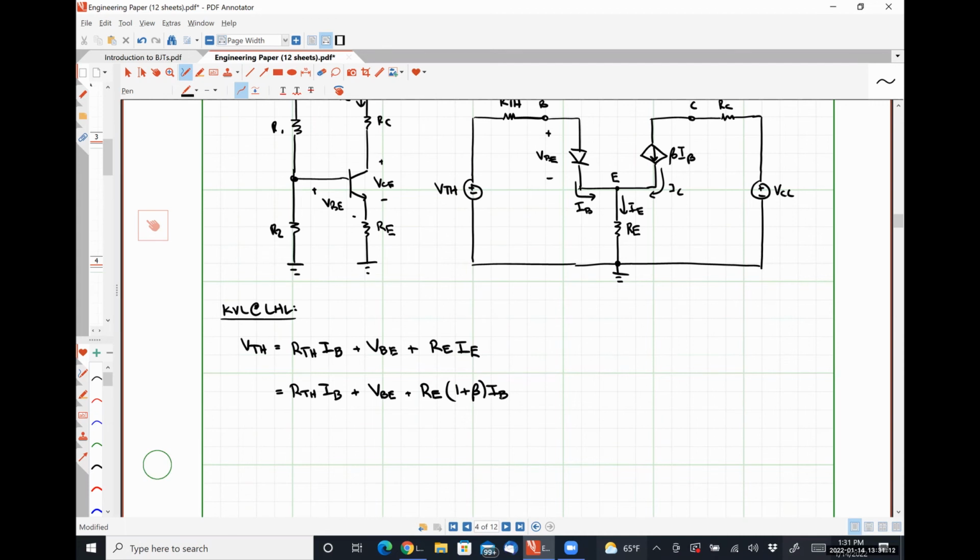So I've done nothing here but express my emitter current in terms of my base current. We know that IC is beta times IB. We know that IE is IB plus IC. So we have IB plus beta IB gives us 1 plus beta IB for our emitter current. Nothing wild or crazy there.